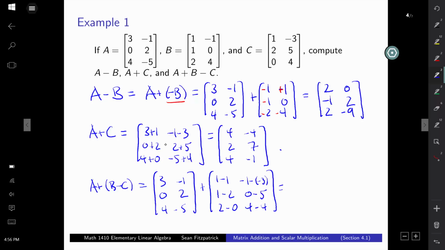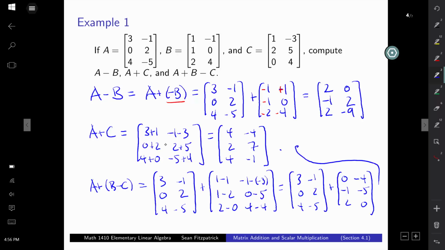So that's going to give me 3 minus 1, 0, 2, 4, minus 5, added to 0, minus 4, minus 1, minus 5, 2, 0. So I add those together. Let me put it up here.